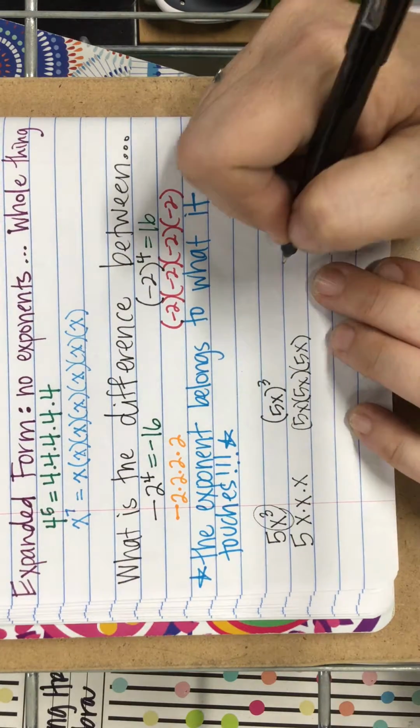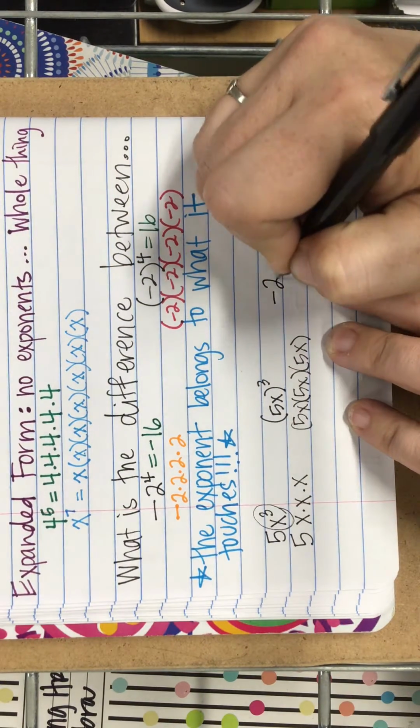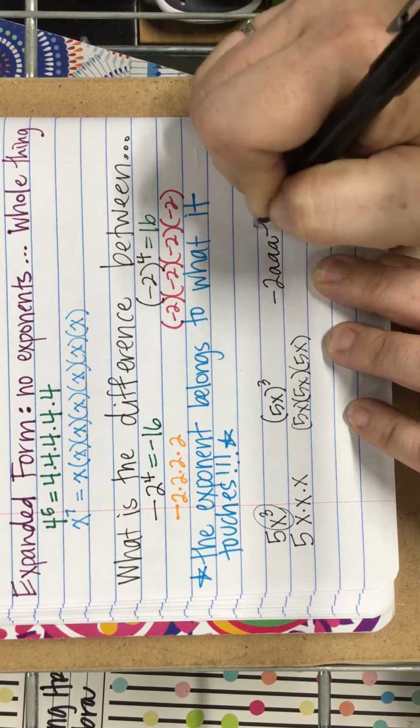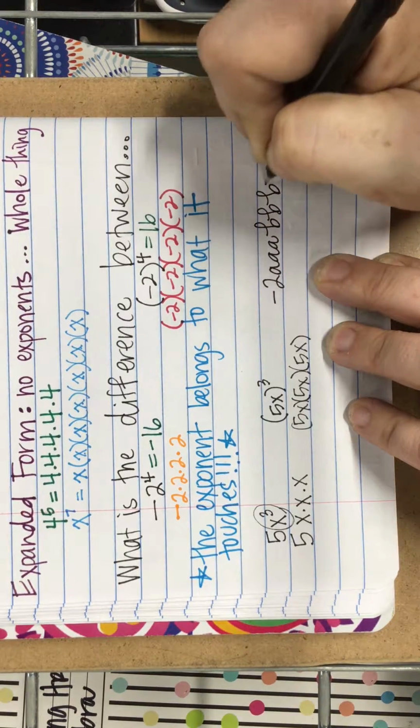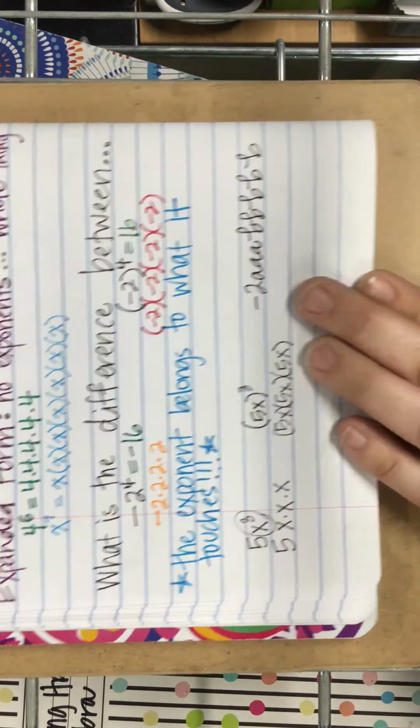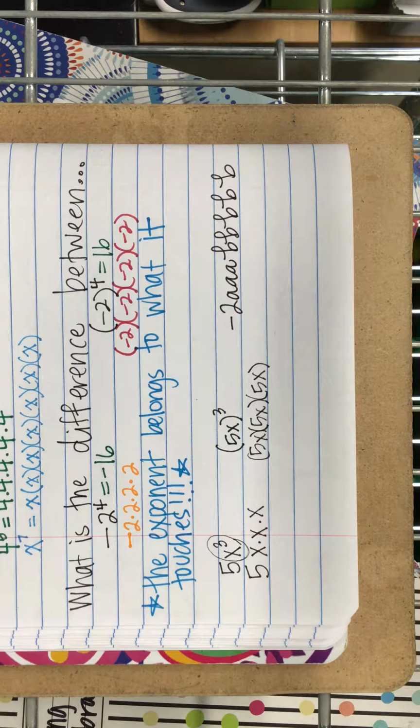All right, so let's go backwards. Can you simplify? Can you make that easier? Well, I can't tell you the answer, but I could make that easier. I could write that with exponents, couldn't I? How would you write this with exponents?